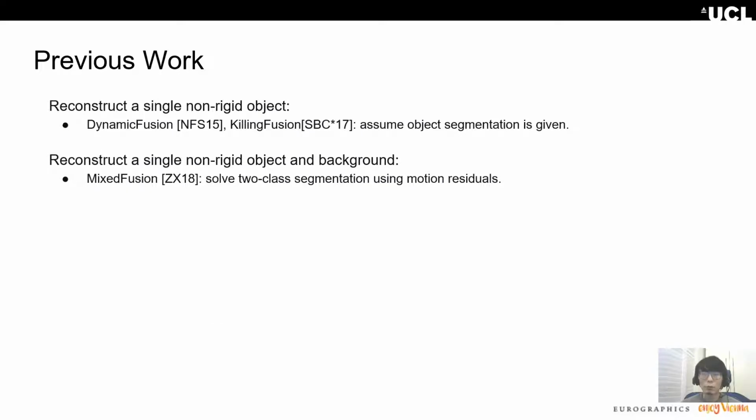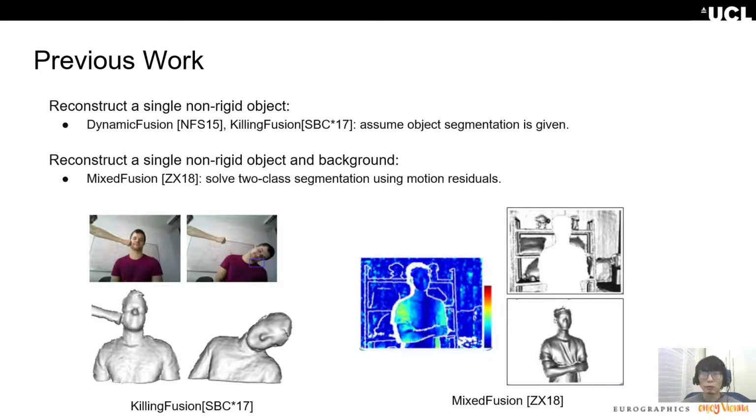Another direction of previous work focused on handling non-rigid objects. They only reconstruct a single non-rigid object and ignore rigid objects. This includes DynamicFusion and KillingFusion. Or they will also reconstruct the background, such as MixedFusion.